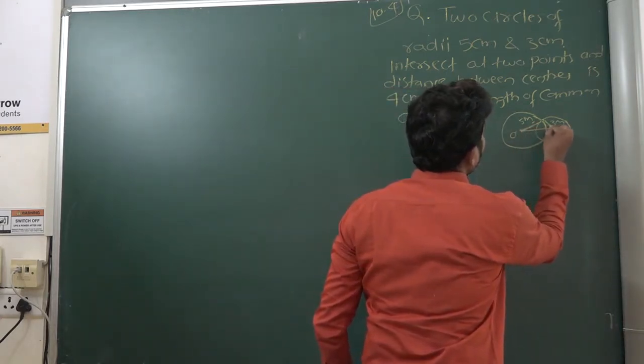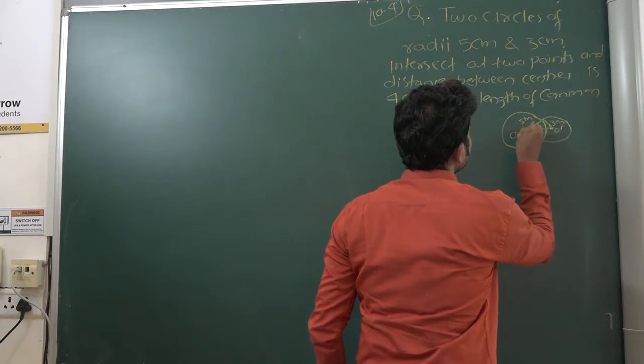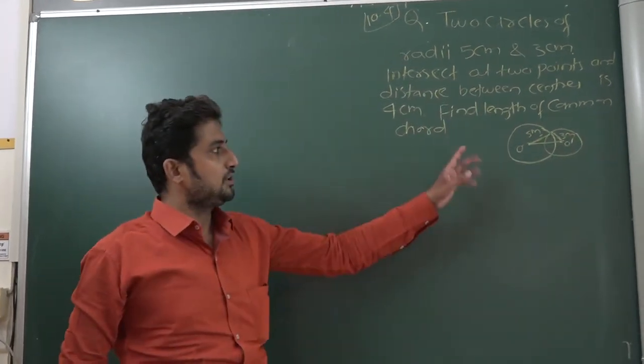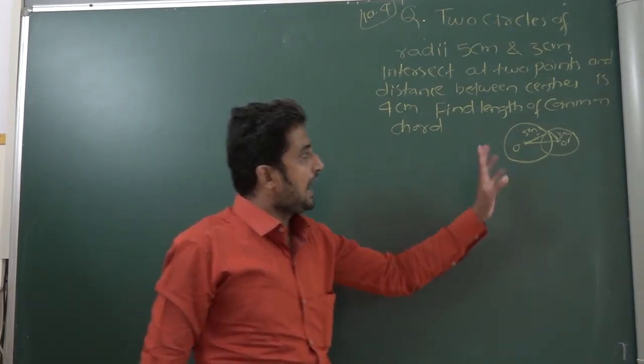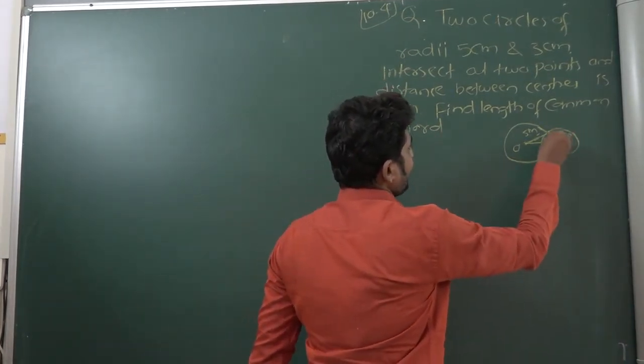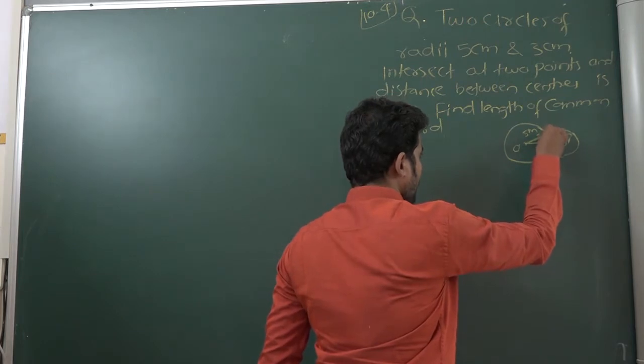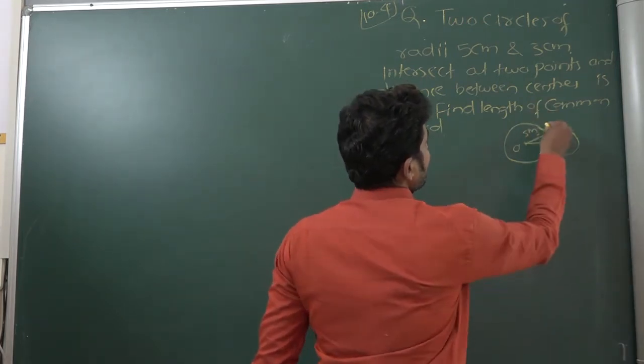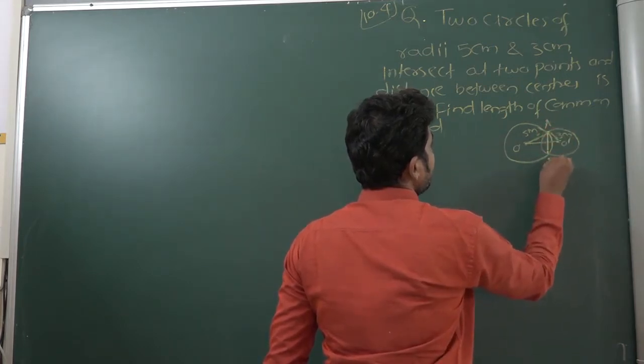So this distance O to O dash is 4 cm, and there is a common chord. Shall we call this AB?